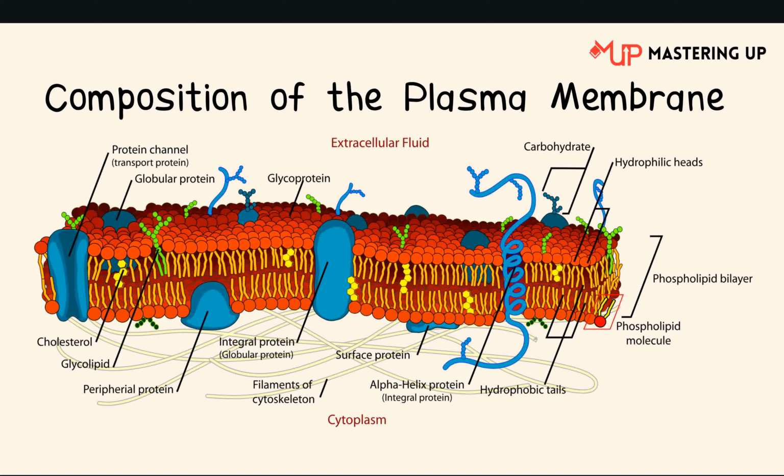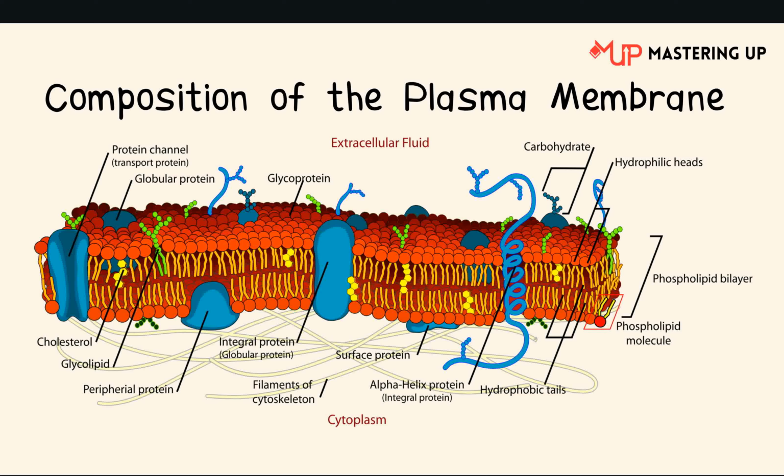Now let's see the composition of the plasma membrane in an illustration. Here you can see the lipid bilayer. You can see a head and tail, which is hydrophilic. You can see a head and the tail of the lipid molecule and their arrangement. The head towards the external or internal environment and the tail tucked in.